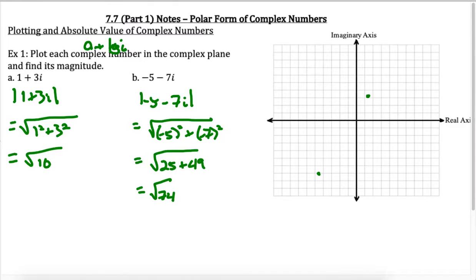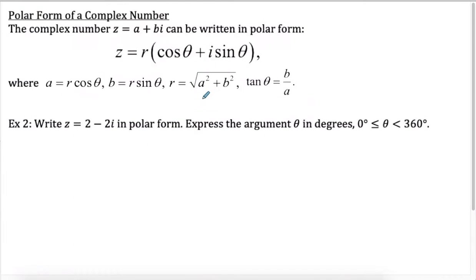All right, so now let's take this idea into polar form. The complex number a plus bi can be written in polar form as z equals r times the cosine of theta plus i times the sine of theta. And then we have all these conversion factors here. A, in our rectangular form of the complex number, is equal to r times the cosine of theta.